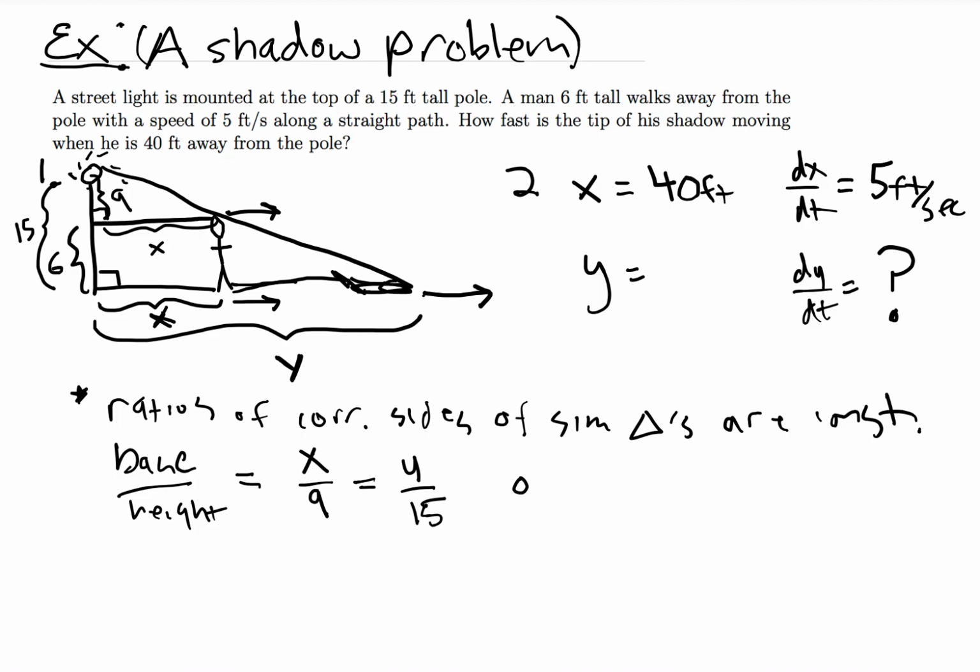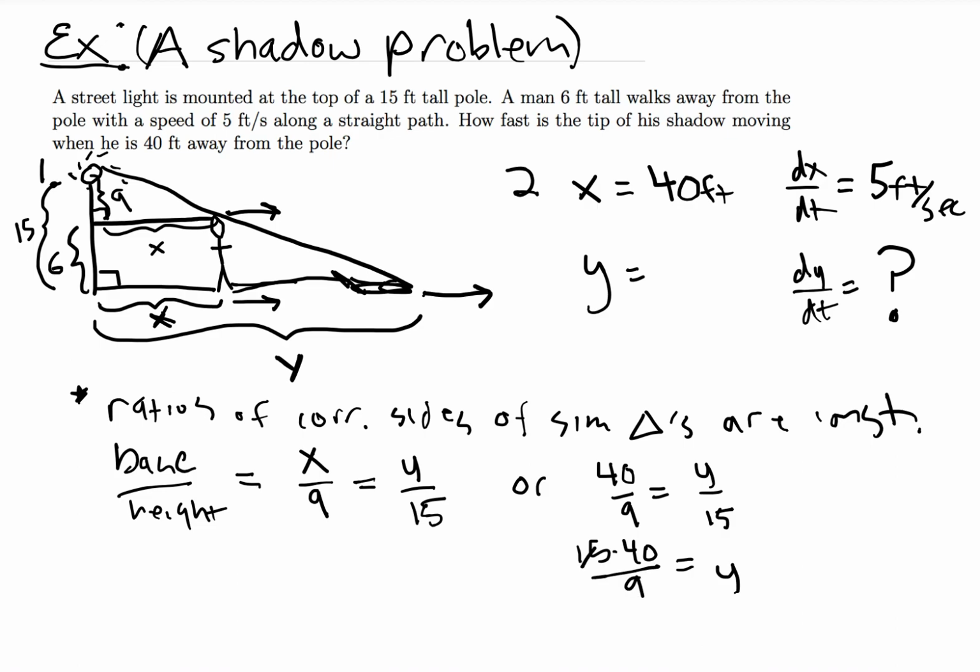But we already have a length given for x. We may as well say 40 over 9 is y over 15. So this will let us solve for y here, right? If I multiply both sides of this by 15, 15 times 40 over 9 is basically what y is.